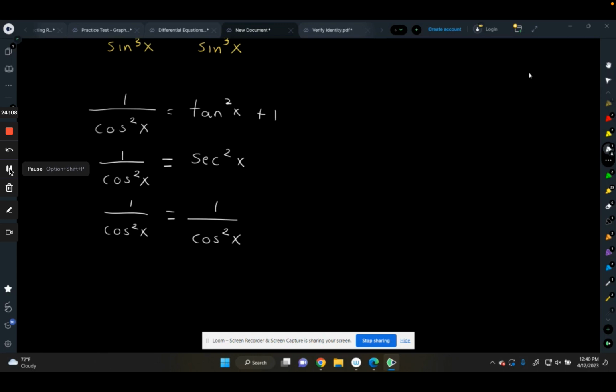You're not going to have your notes to refer to. You have to know your identities. That's the hardest part, recognizing them. Okay? Yes? Correct. That is correct. It's the plus 1. And remember, that comes from sine squared x plus cosine squared x equals 1, right?